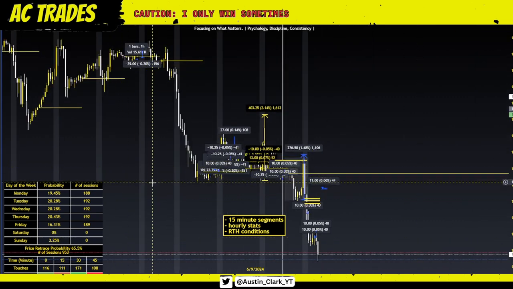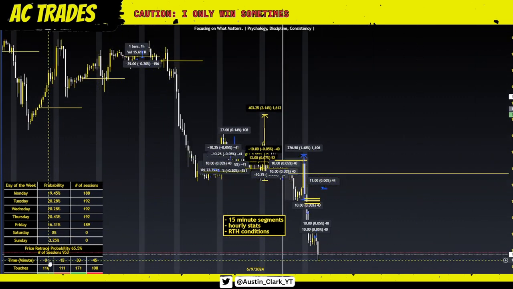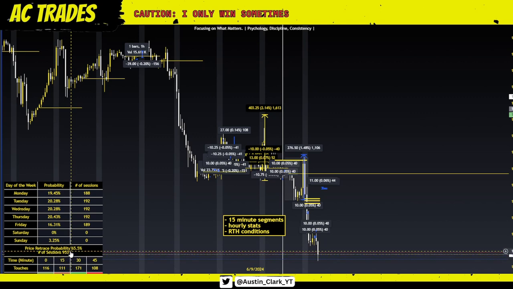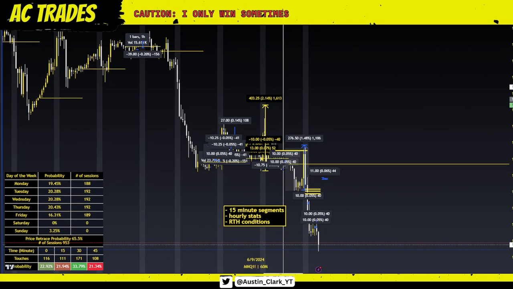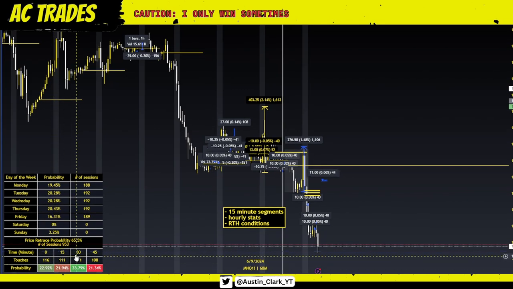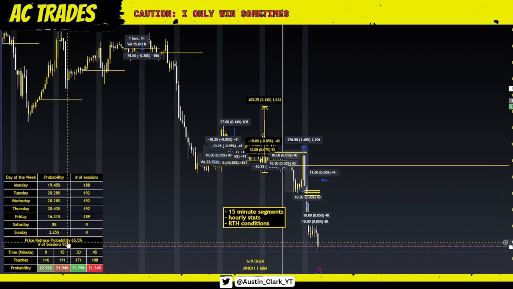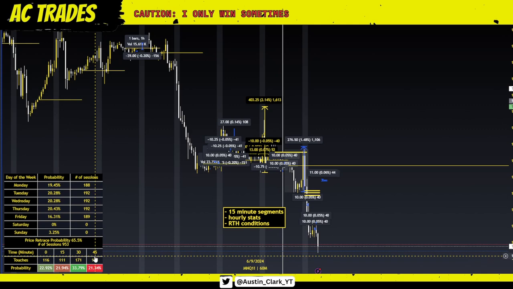And within those 3 hourly candles, we're able to see down to the 15-minute increment where these retracements are most likely happening. So we're able to see from minute 0 to 14 is the second highest. We can see the largest on the recording here. I'm going to drag this up just a little bit. You can see on the largest span of this data set, out of 953 and out of the 65.5%, the majority of this 65.5% is coming from minute 30 to 44.